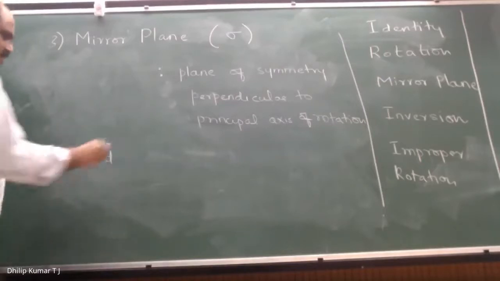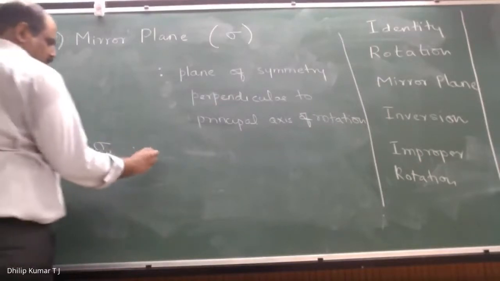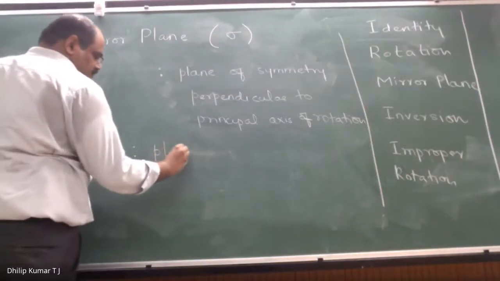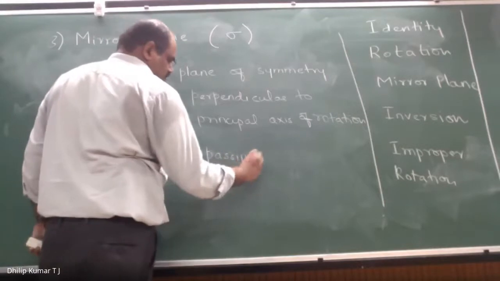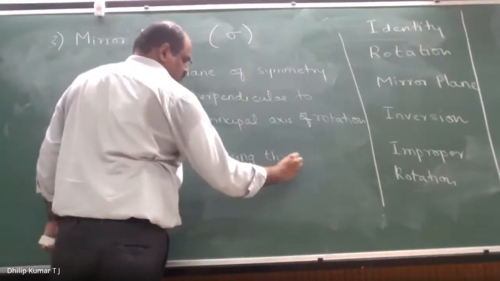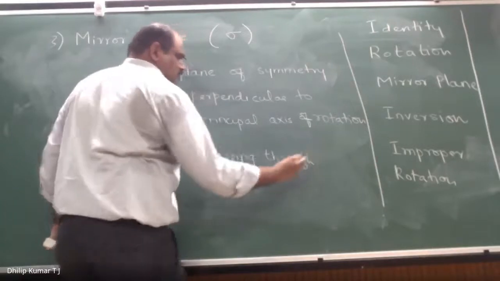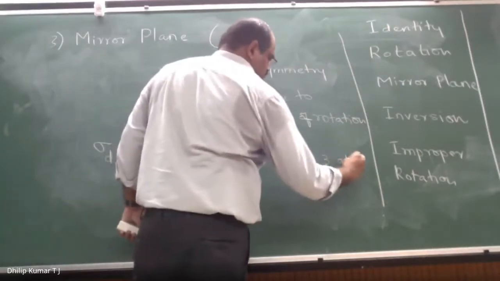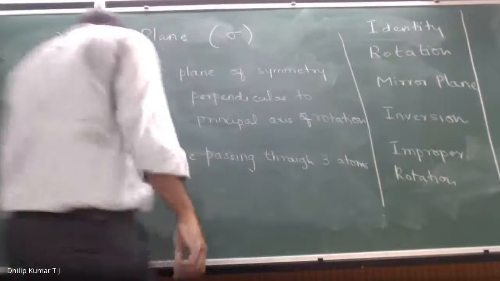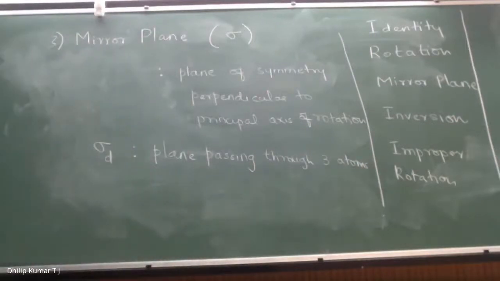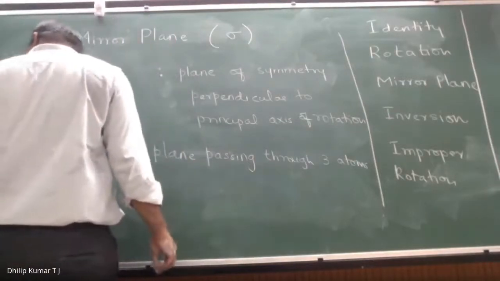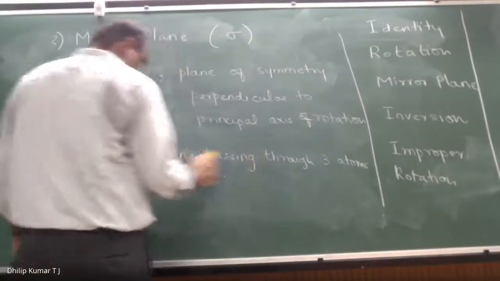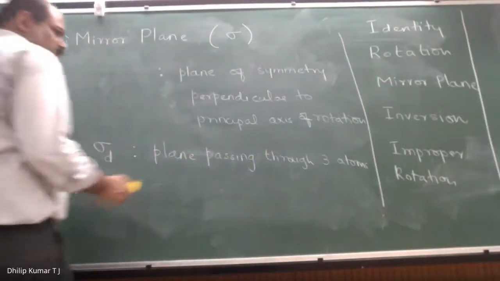So one definition is a plane passing through 3 atoms, a bisecting plane. Okay, so it's not actually passing through, it is bisecting the angle between 3 atoms.